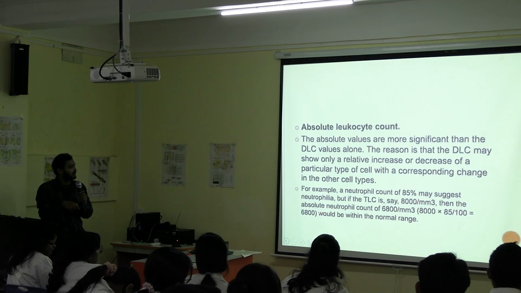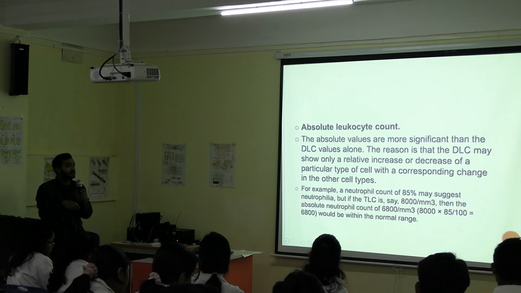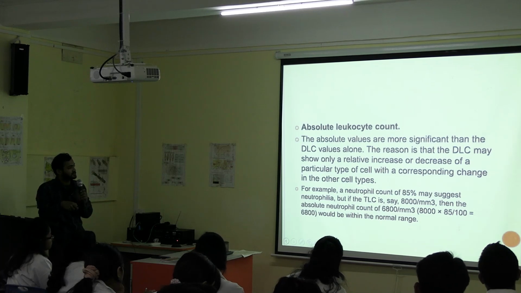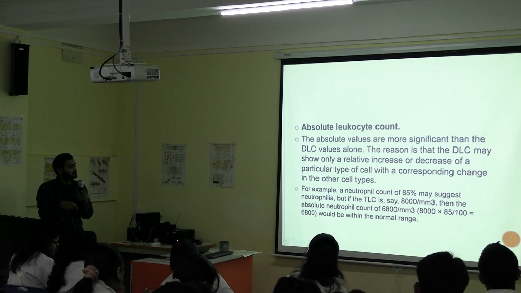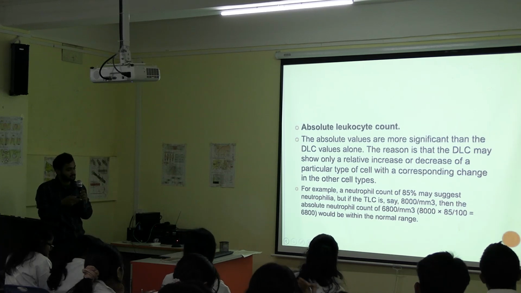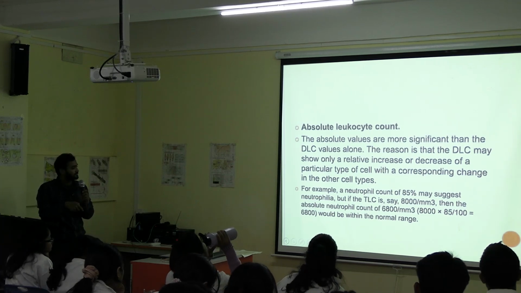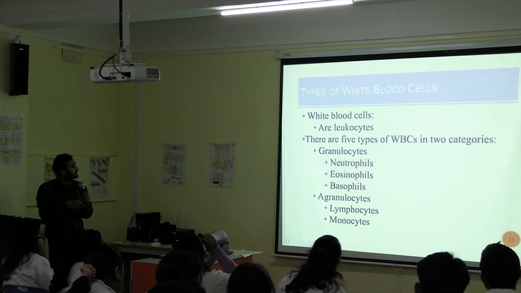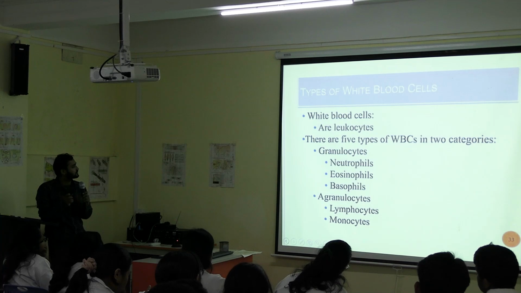So it is not suggestive of an ongoing infection or any pathogen. It can also be normal, so a particular type of count cannot be diagnostic. You have to go for TLC, that is total leukocyte count, and that has to be increased, okay? Understood now? So these are the WBCs, 5 types, mainly granulocytes and agranulocytes, you know this.